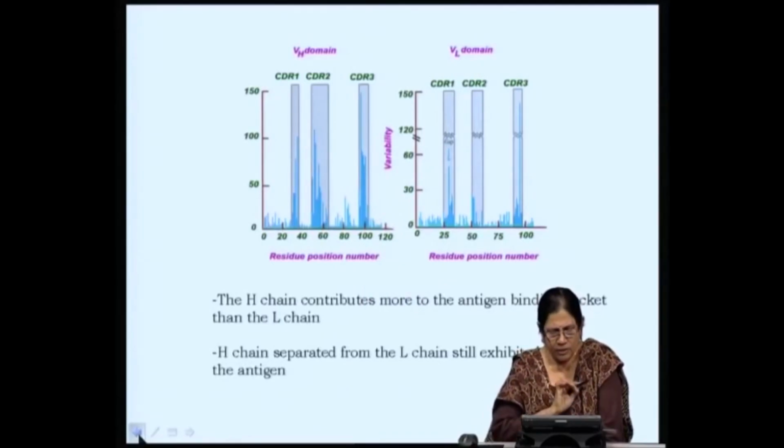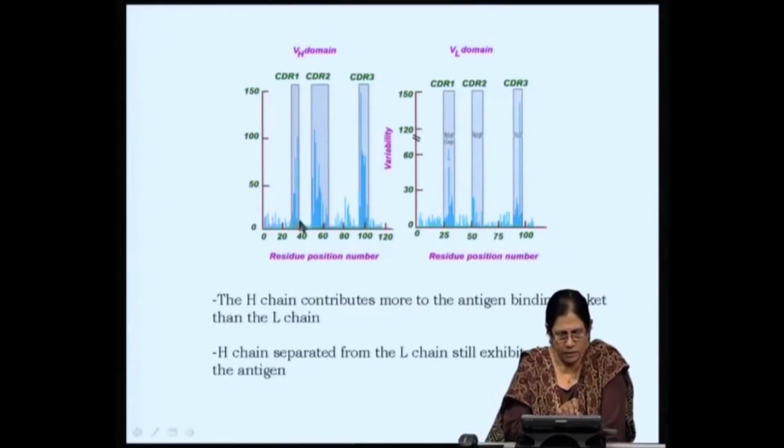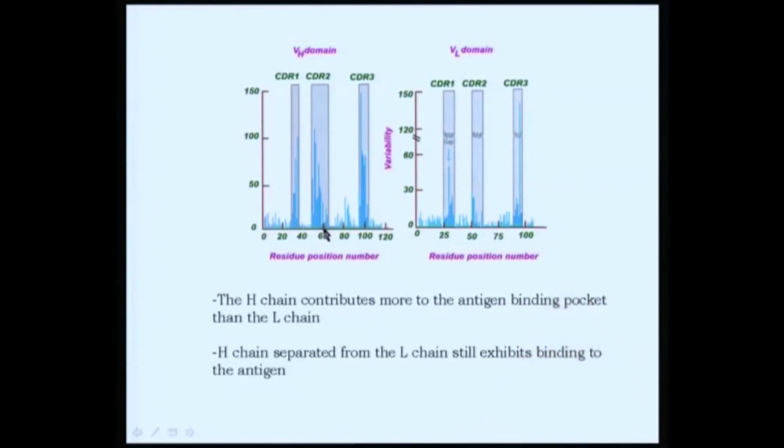Another observation that you can also make looking at this is that both in the heavy and the light chain variable region, there are hypervariable regions. Look at the residues from around 35 to 38, similarly 50 to about 55, and similarly around 90 to 94.